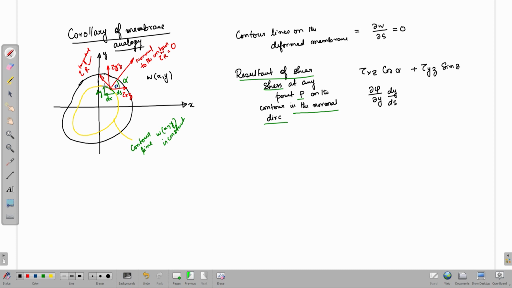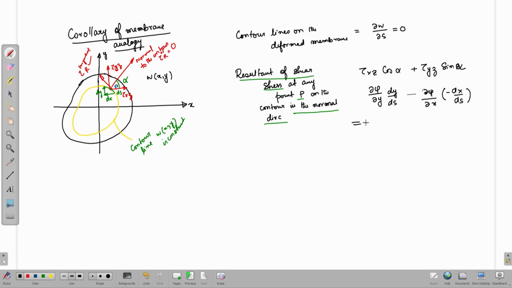Similarly, tau y z can be written as minus del phi by del x into sin alpha, and sin alpha is minus dx by ds.